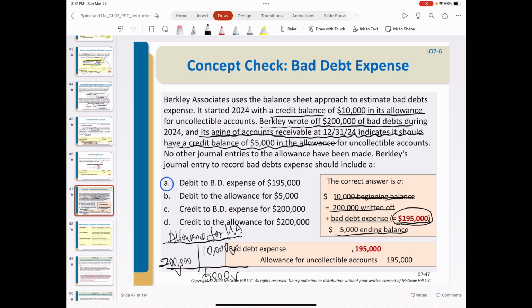So using these three pieces of information in the T account, we can determine the adjustment was a credit to allowance for uncollectible accounts. At the same time, we will debit bad debt expense.